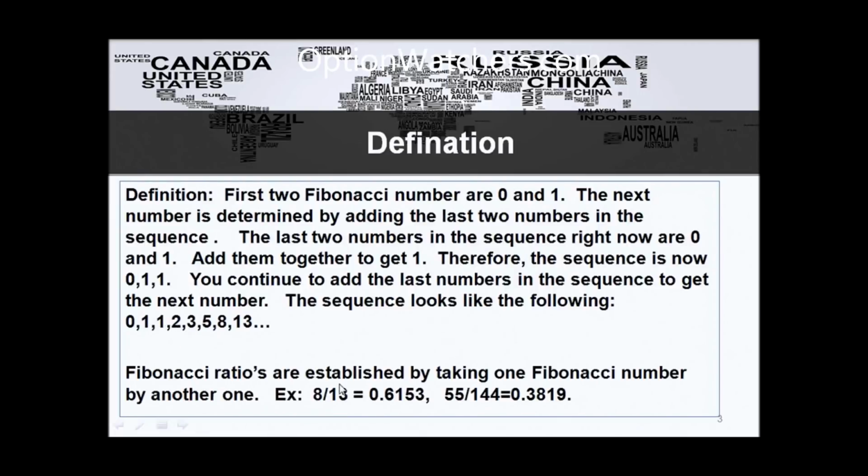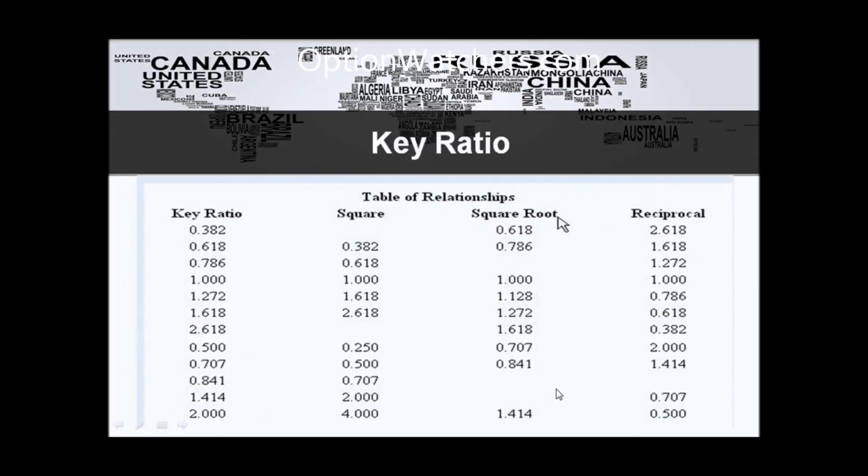So you get 50%, 61.8, 38.2, and so forth. If you look at the key ratio values, they're right here. You could do square roots and stuff like that. These are key values that you can see based on Fibonacci's.